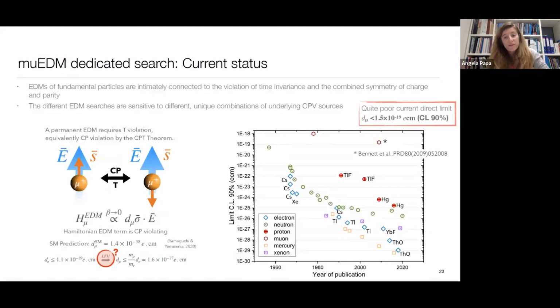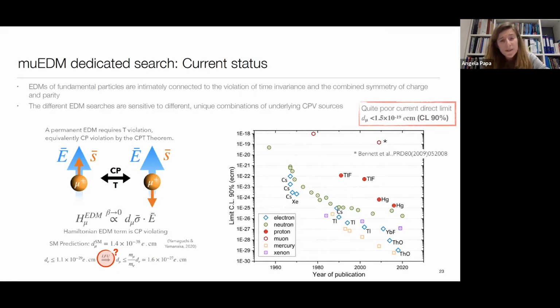And also in this case we have a lot of effort ongoing. This is a plot to summarize the upper limits that have been set looking at different EDMs. What is interesting here is that the effort on the muons is limited at these points here. This is the most recent direct measurement, which translates into this upper limit.